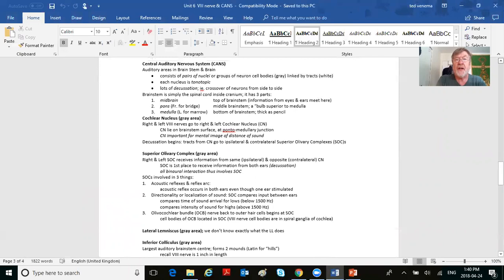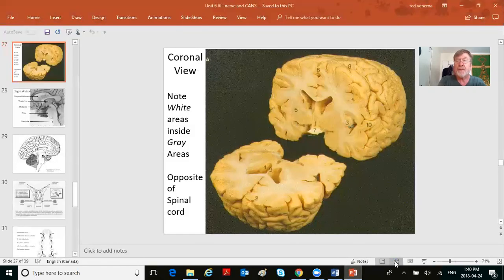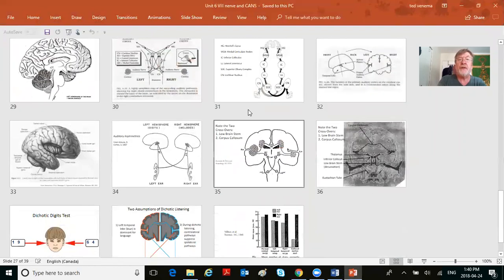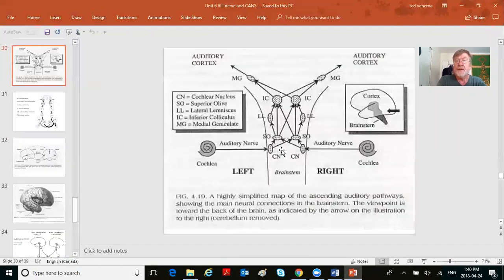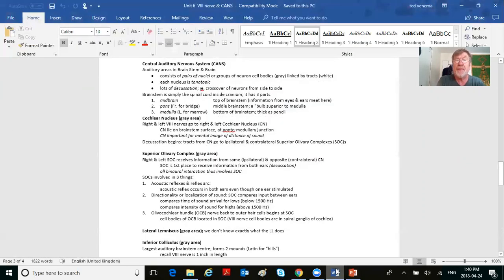CANS, auditory areas in the brain stem and brain itself, consists of pairs of nuclei or groups of neuron cell bodies, gray, linked by tracts, white. To make sure we have a handle on it, let's look at this here. The gray areas would be the nuclei, and the arrows would be the white tracts within the brainstem. Back to the notes.